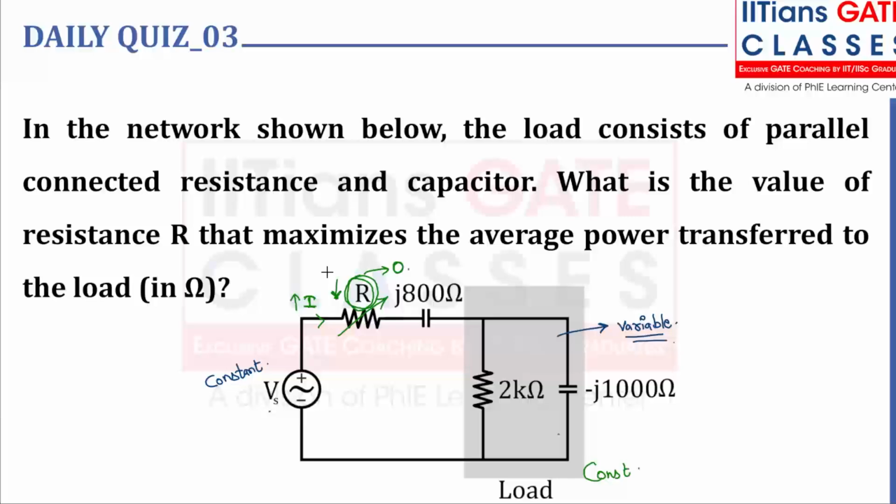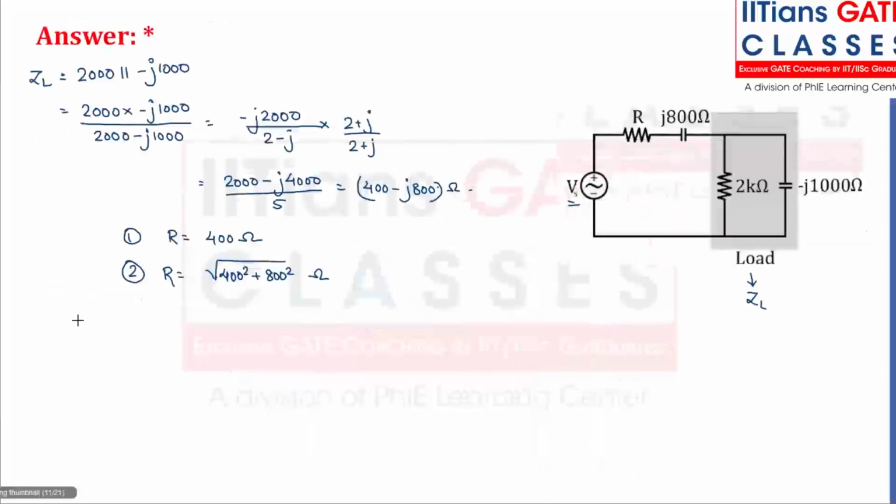So just after reading the question, you should have answered 0. If you have answered 0, that means the concept of your circuit theory is clear. Okay, and I want everyone who got the answer as 0 to comment in the comment section below. Okay, so 0 is the correct answer.